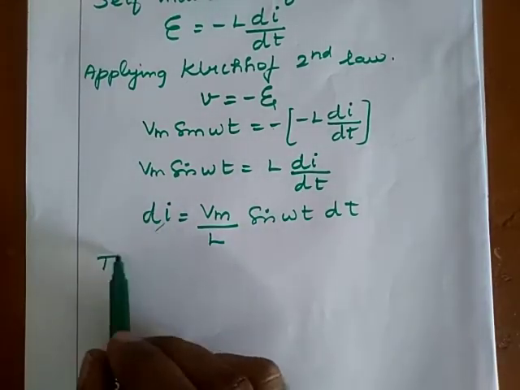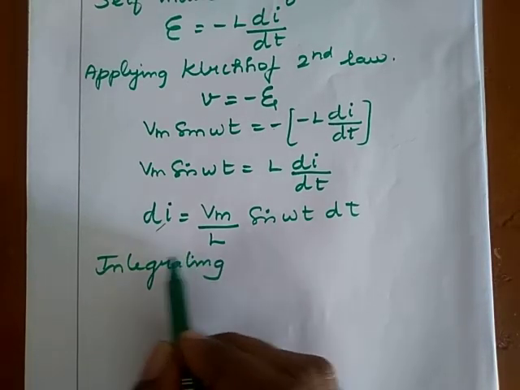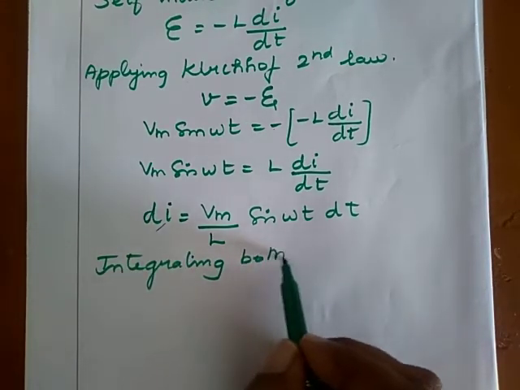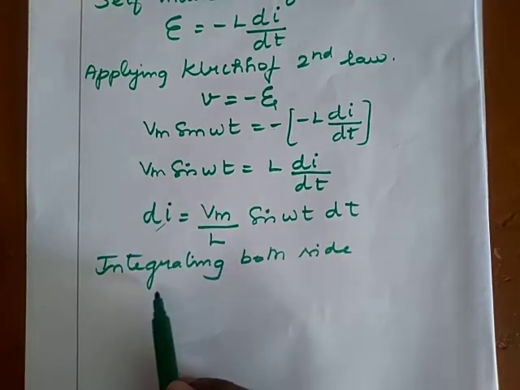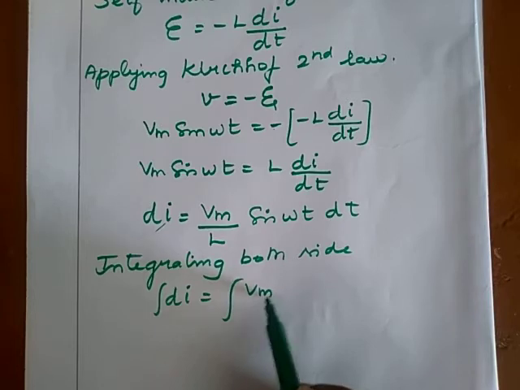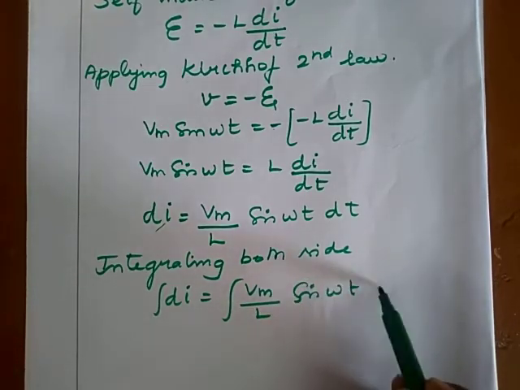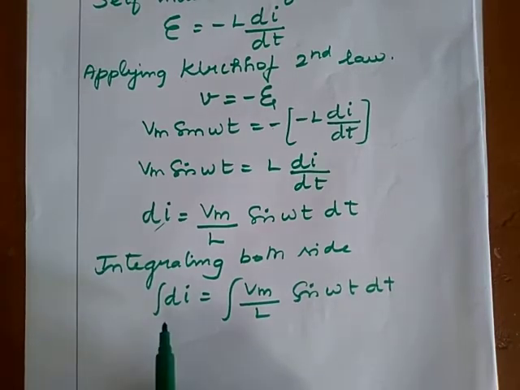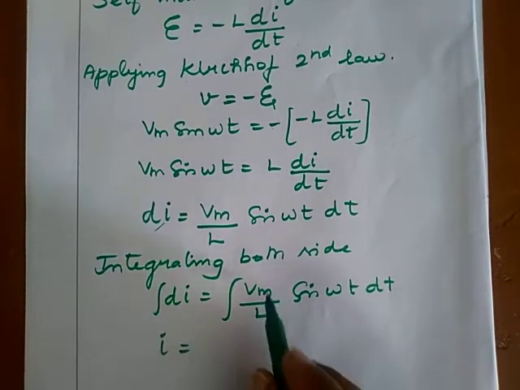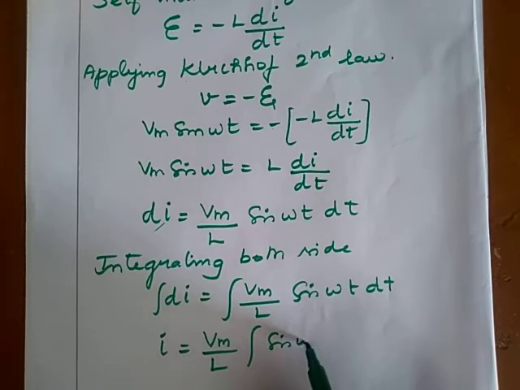The integration of di is equal to the integration of Vm/L sin omega t dt. Integrating di we get I. Vm/L is a constant, so it is taken out of the integral, and then we integrate sin omega t dt.